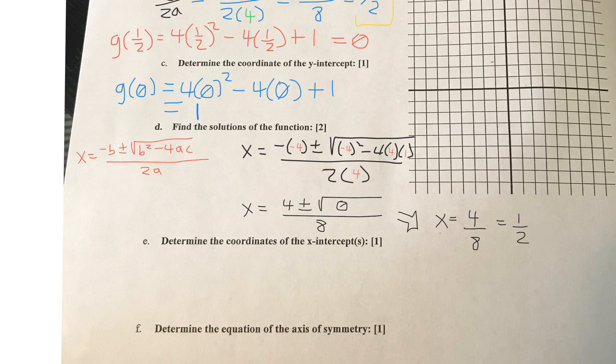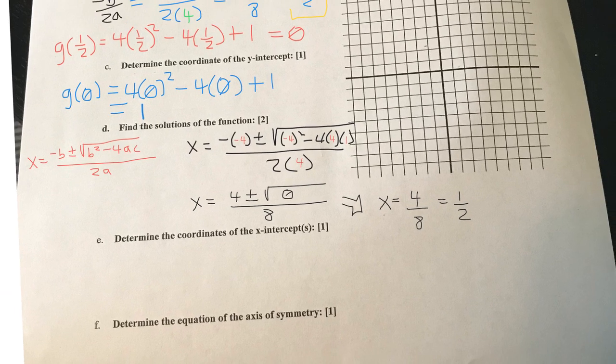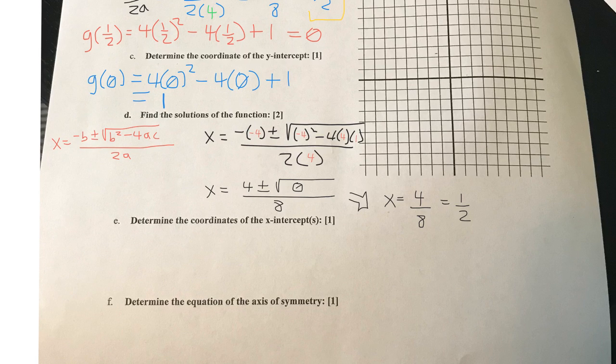Okay? Now, let's get very clear. What does a solution mean? A solution is the value or values on the x-axis that the parabola hits when it intercepts the x-axis.